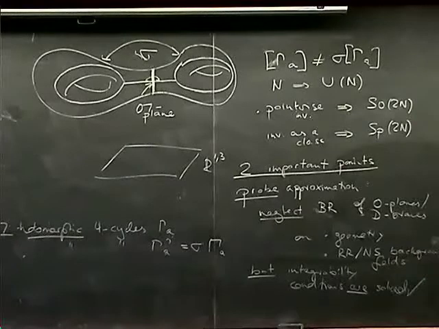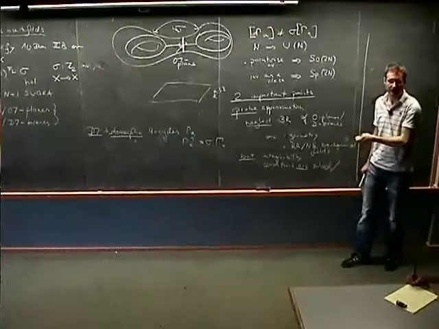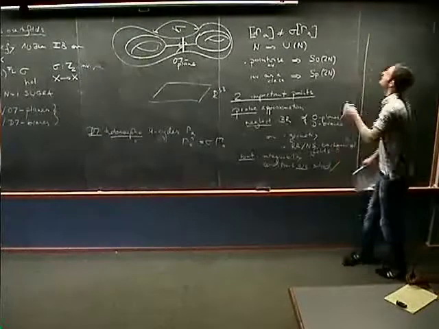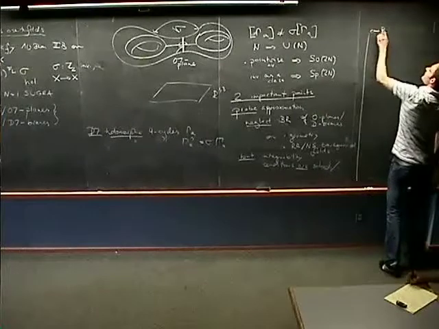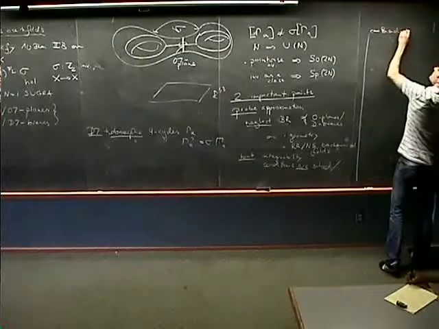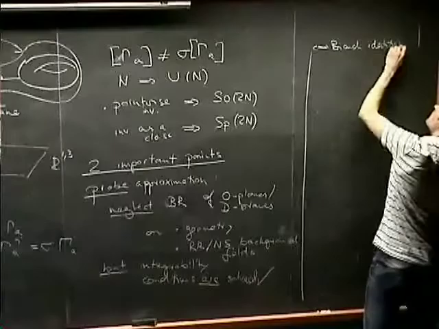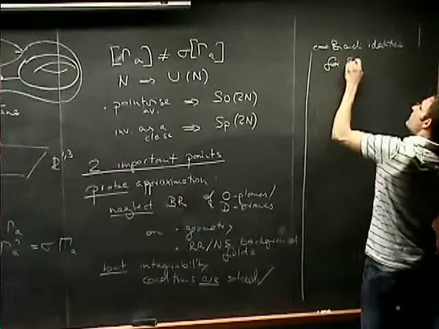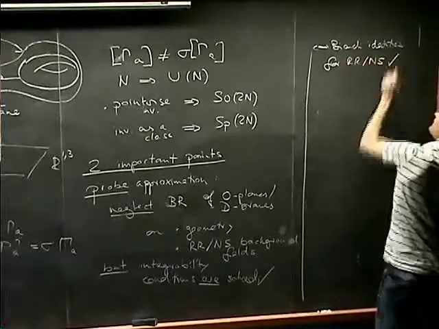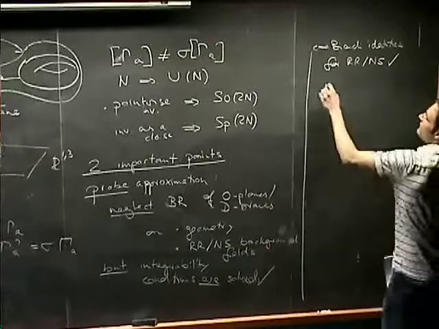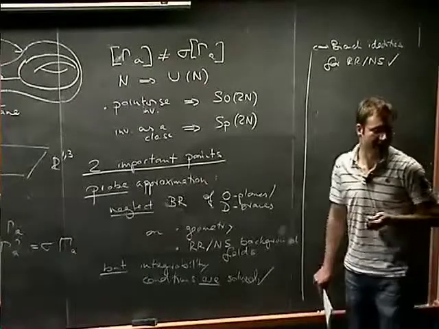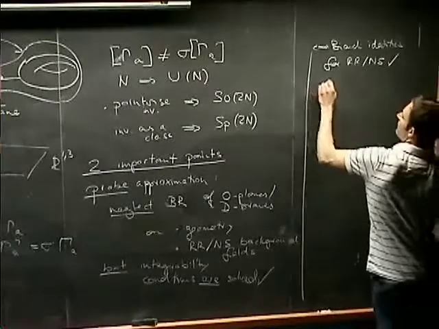And from the supergravity point of view, what one does is one solves the Bianchi identities for the Ramond-Ramond or Neveu-Schwarz fields. So the Bianchi identities for the Ramond-Ramond and Neveu-Schwarz fields are satisfied, and technically these are the famous tadpole cancellation conditions.